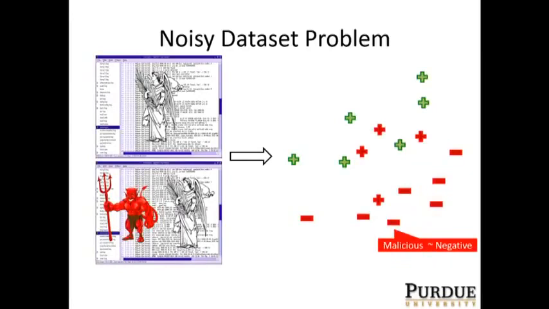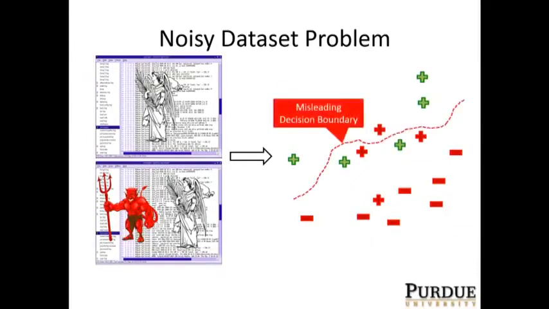But because such negative training data contains both benign and malicious events, which is denoted in the picture, the positive sign is for the benign data sample and the negative sign is for the malicious data sample. So finally, we will get a misleading decision boundary that is biased towards the positive side. This decision boundary may misclassify benign testing data as malicious in the future.